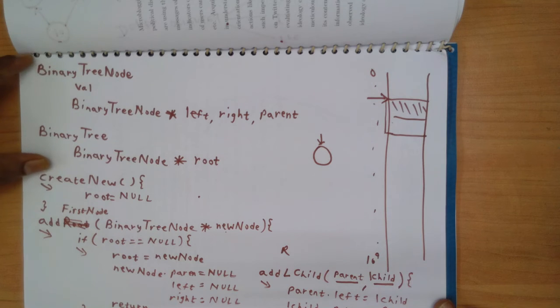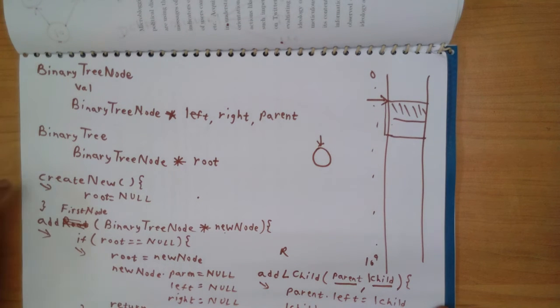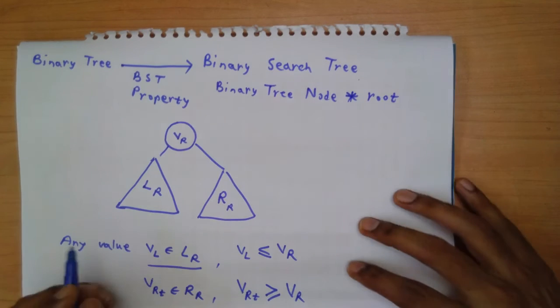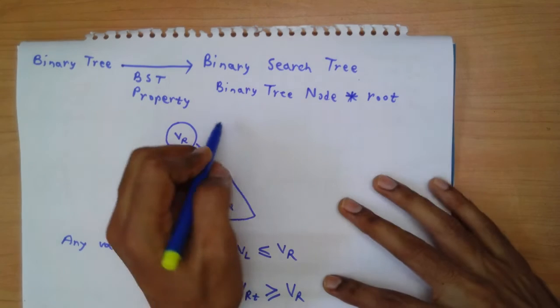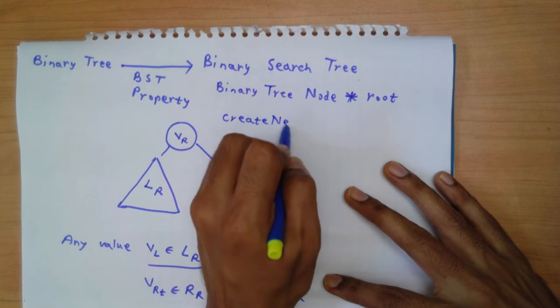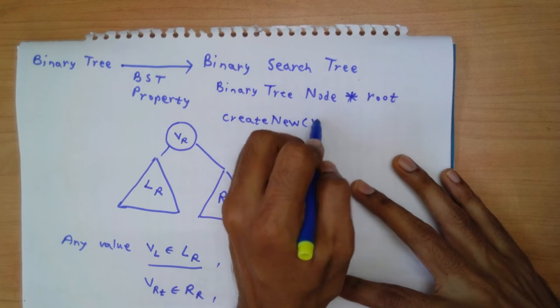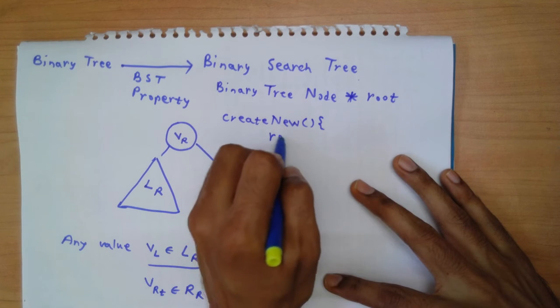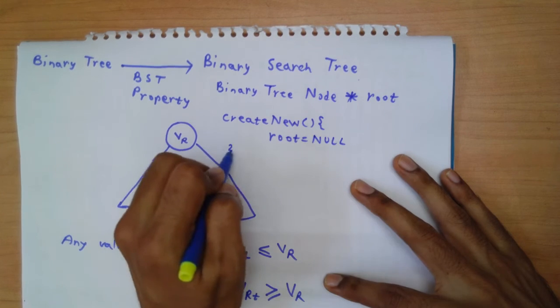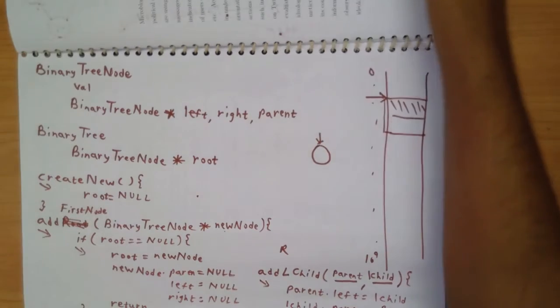The difference will be in how we organize our nodes. Let's talk about the first operation, which is create new. If I'm going to create an empty binary search tree, there is nothing new required. I create a new binary search tree as an empty tree, so my root is equal to null. No changes required.